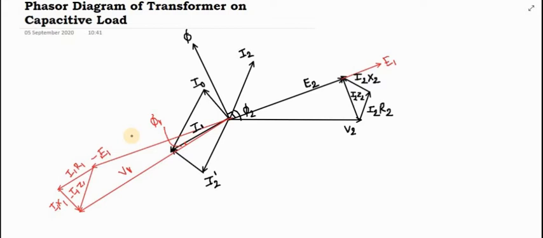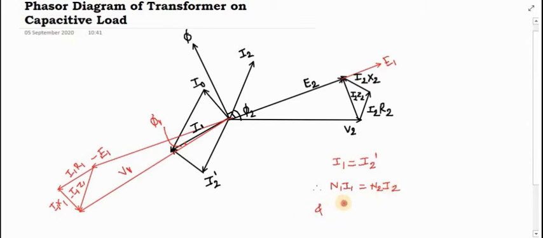Students, you should note that the no load current I0 is of very small magnitude in comparison to the total primary current on full load. So if we neglect the no load current I naught, what can I write down? I can write I1 is equal to I2 dash. Therefore I can write N1 I1 equals N2 I2.